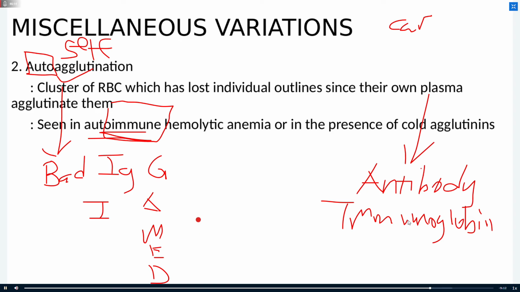Cold temperatures. IgM. How about active sa body temp? IgG. Class, aside from being active sa body temp, what's the most defining characteristic of your IgG? Anong nagagawa ng IgG, class, na hindi nagagawa ng ibang immunoglobulin niya?